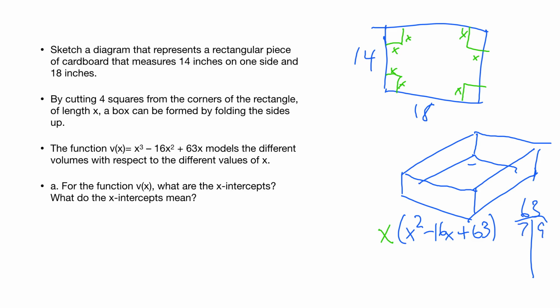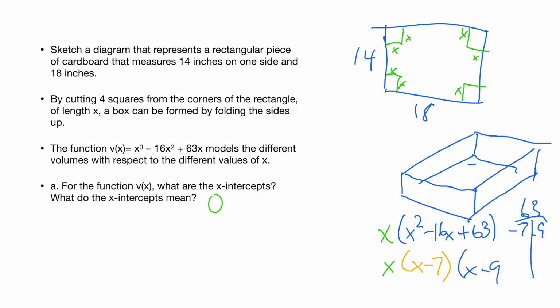They add up to 16. Now they add up to negative 16. So that becomes x times x minus 7 times x minus 9.